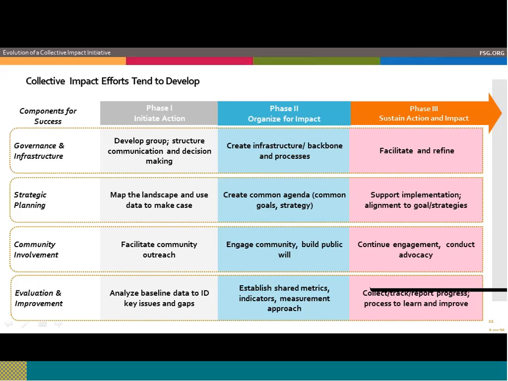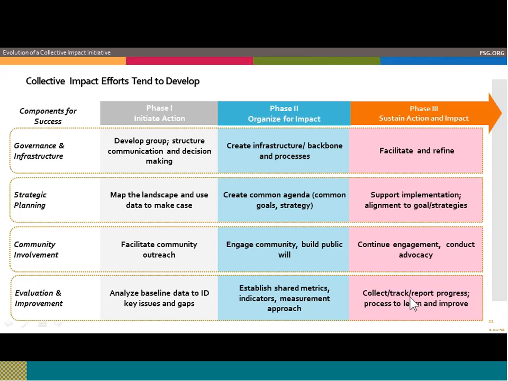And as you can see, these topics really touch on some of the content that are outlined in the grid that Jeff shared with us in the Phase 1 and the Phase 2 columns. You can see the components for success outlined on the left-hand side relate to governance and infrastructure, strategic planning, community involvement, evaluation and improvement.